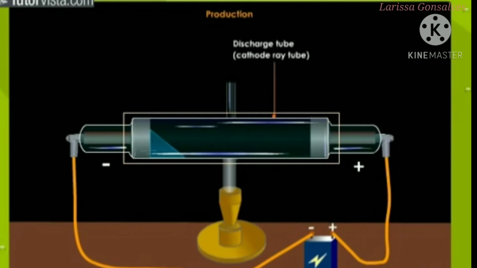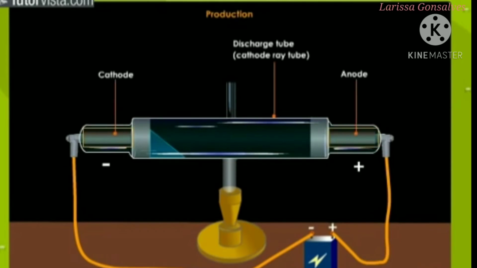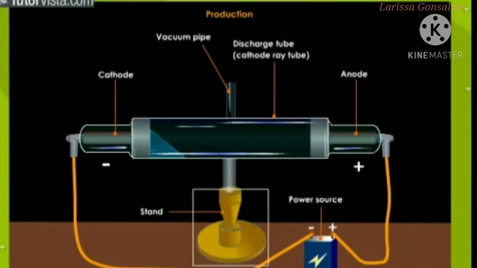Hence, the discharge tube is generally referred to as the cathode ray tube. The cathode ray tube is a partially evacuated glass tube with cathode and anode placed at the ends of the tube. A vacuum pump is used to partially evacuate the tube. The cathode is connected to the power source with the help of a clip. The tube is supported on a stand.